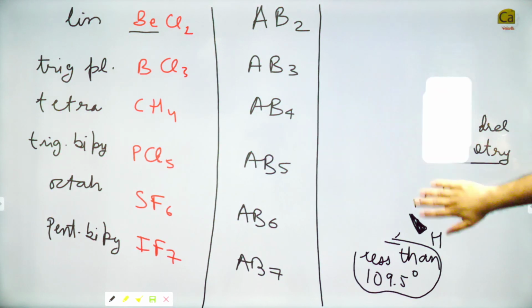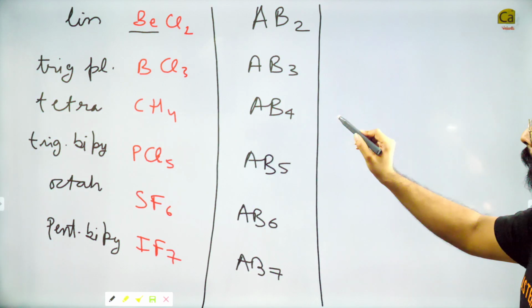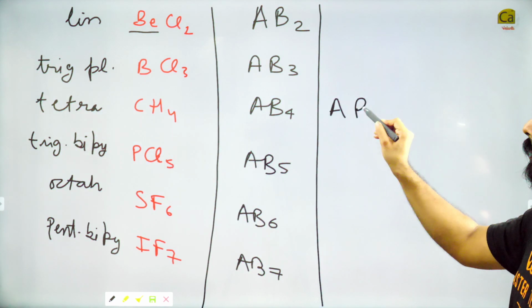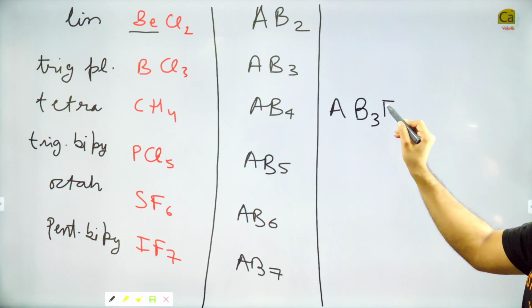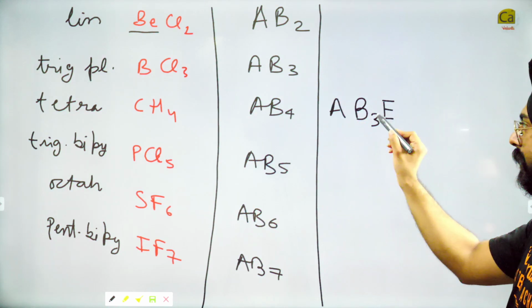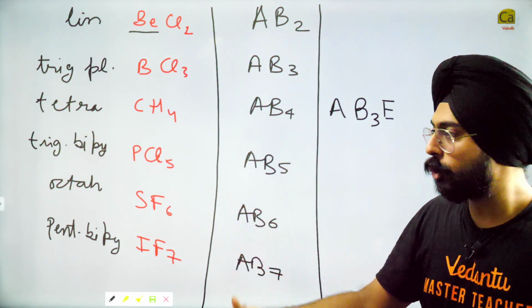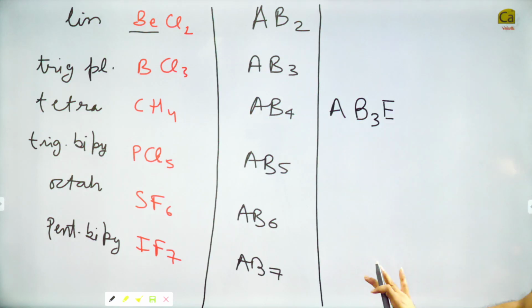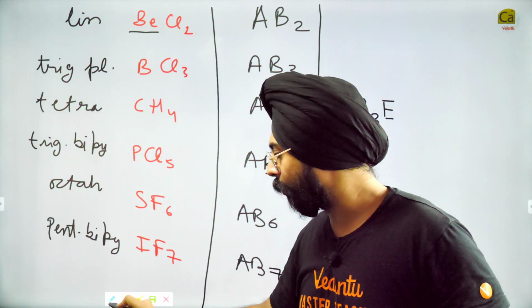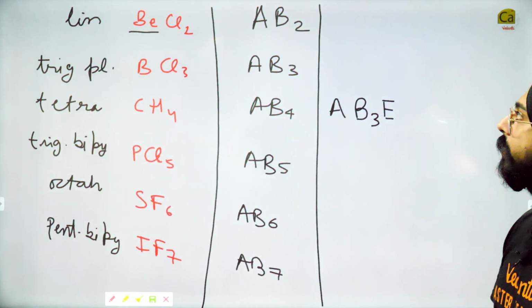This non-standard case can be written as AB3E. A stands for central atom, B stands for bond pairs, E stands for lone pairs. So my dear friends, do you realize we can write a lot of non-standard cases for all of these. For all of these geometries, there are lots of non-standard cases.